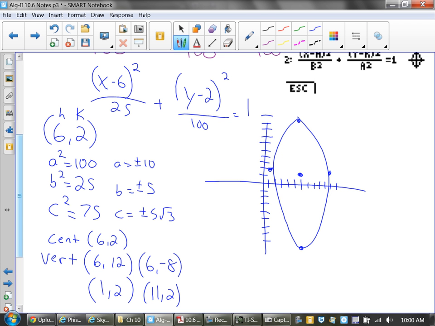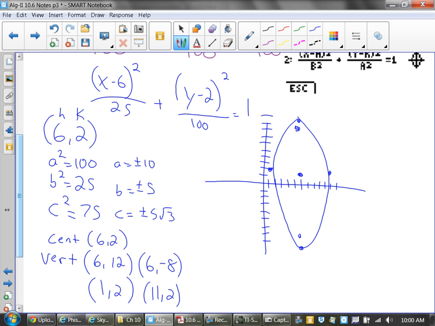And then lastly, when you go to your focus, remember, it's going to be inside. So what value am I adding and subtracting the focus value to? 5 root 3 plus or minus. Okay, but what am I adding it to, the x or the y coordinate in the center? The y.